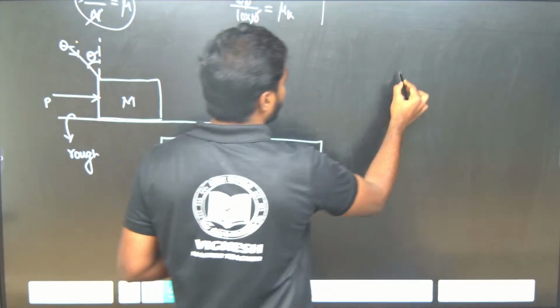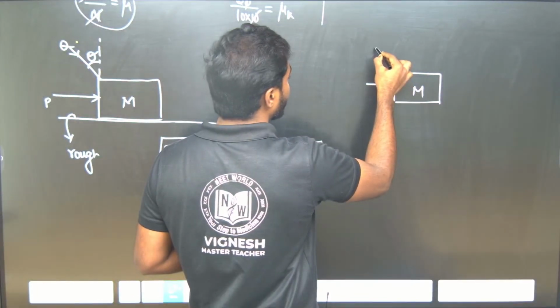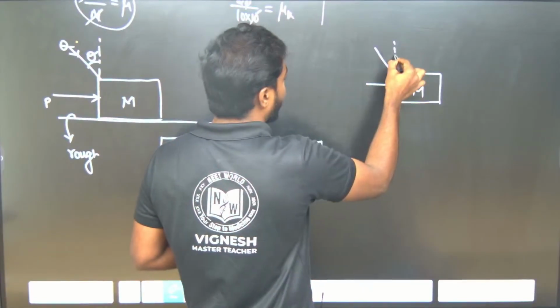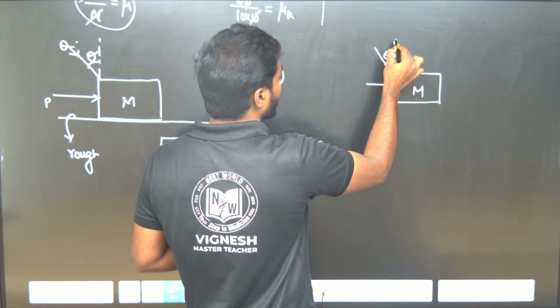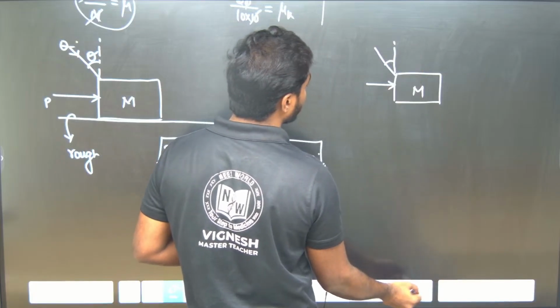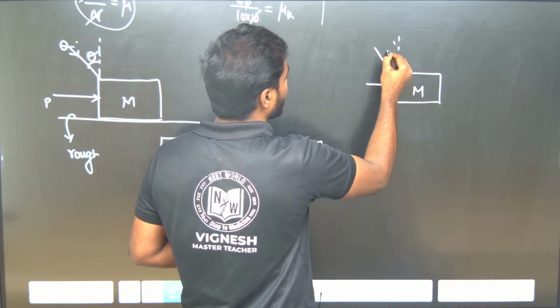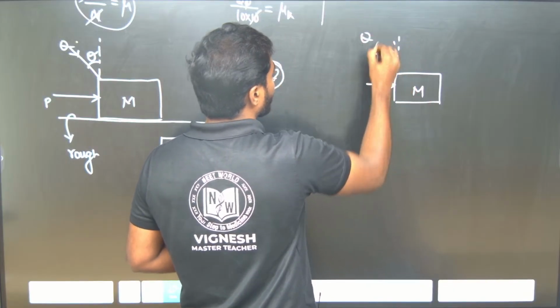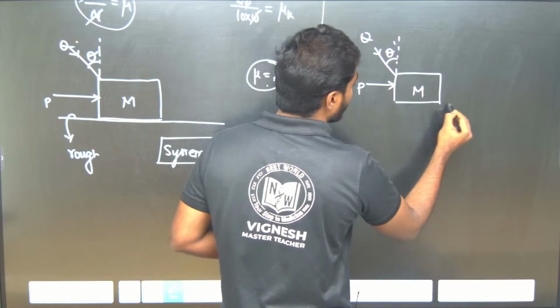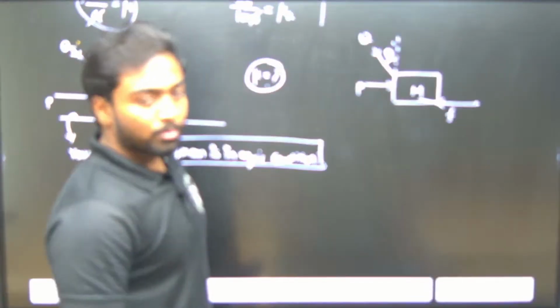So the free body diagram for the mass m: this is my P and this is my Q, acting with respect to vertical, and the frictional force will be in this direction, that is f, right? So I need to resolve this first.